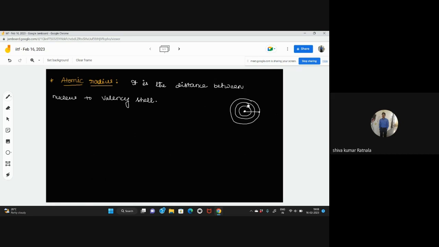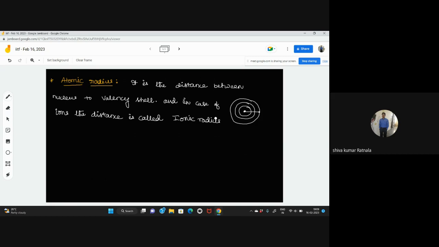This we can say is the atomic radius, whereas in case of ions, the distance is called the ionic radius. Okay, ionic radius.